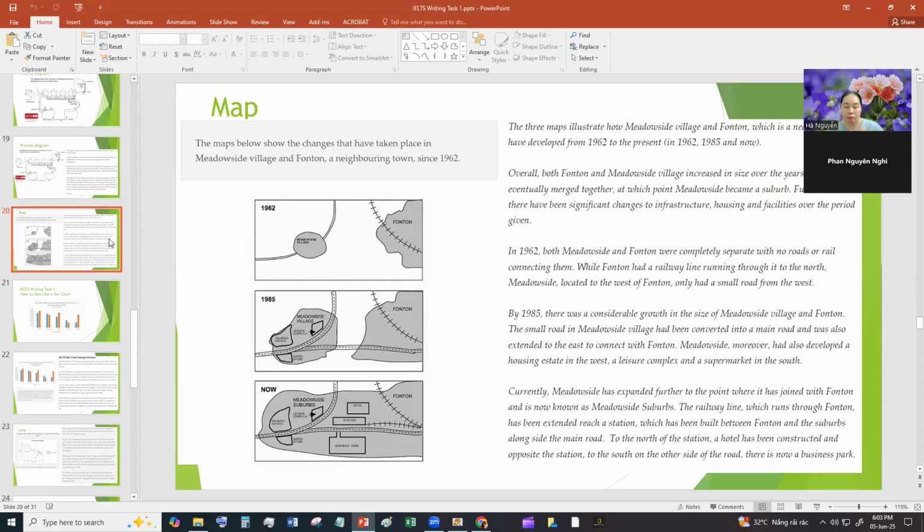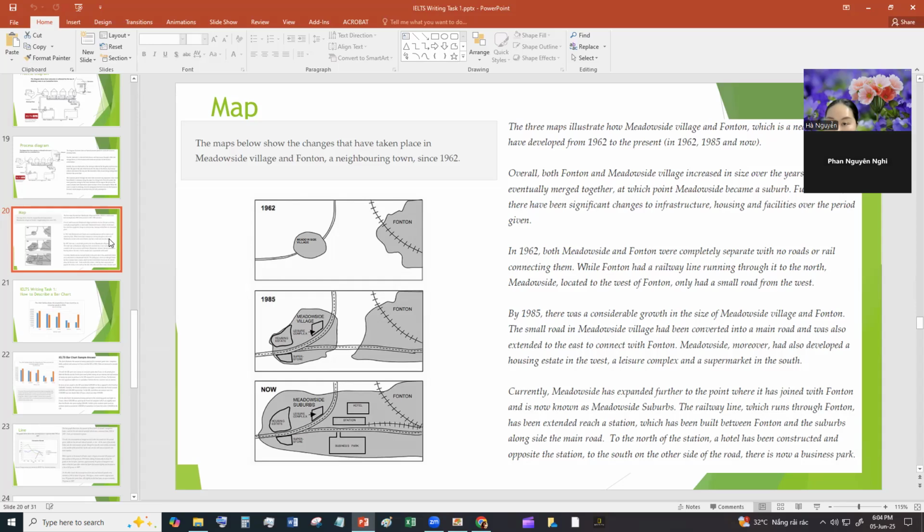I think for the past, we will use past tenses, and for the present, we will use present tenses. Good job. Specifically, you can use simple past or past perfect, and for present, you can use present perfect. That's my suggestion.